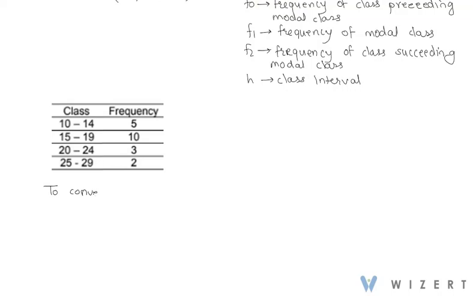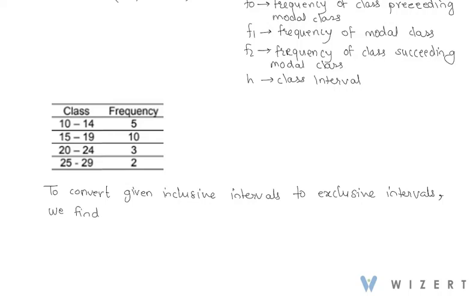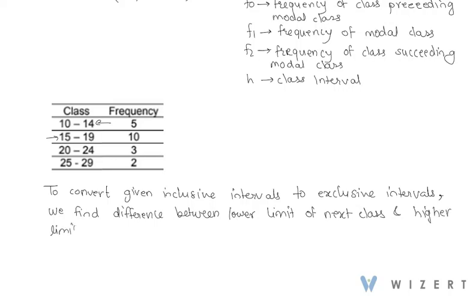To convert given inclusive intervals to exclusive intervals, we first need to find the difference between lower limit of next class and higher limit of current class, not previous class.